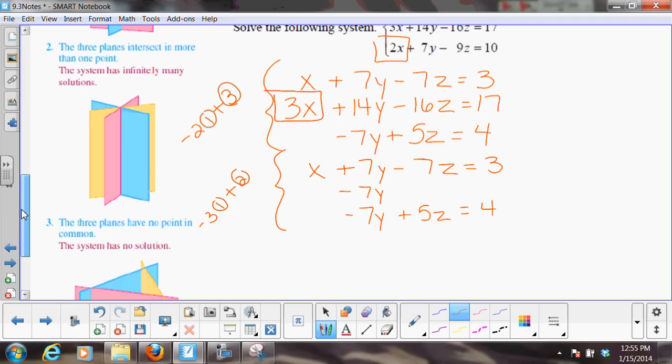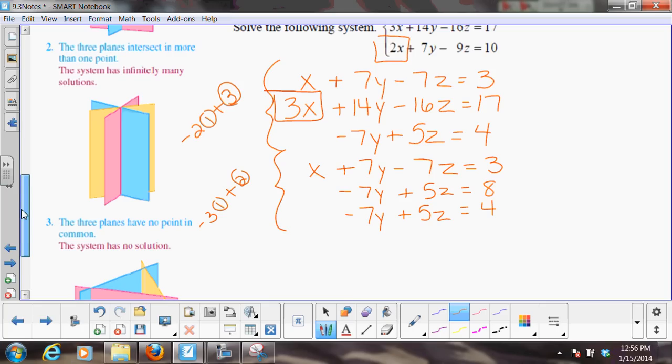Negative 3 times negative 7 is 21. 21 plus negative 16 is positive 5. Uh-oh, looks like they're almost the same. And then negative 3 times 3 plus 17. Oh, that looks weird. Negative 9 plus 17 is not 4. Just kidding. Negative 3 times 3 is negative 9. Negative 9 plus 17 is 8.